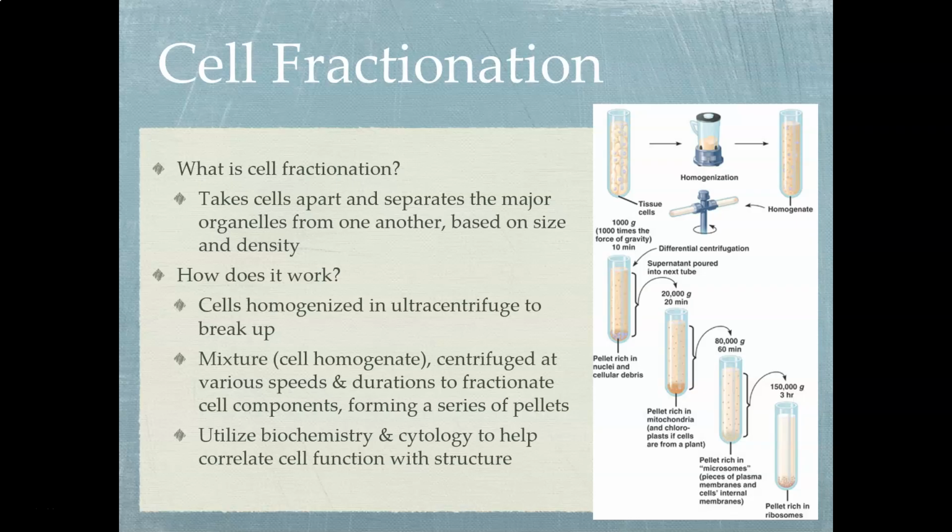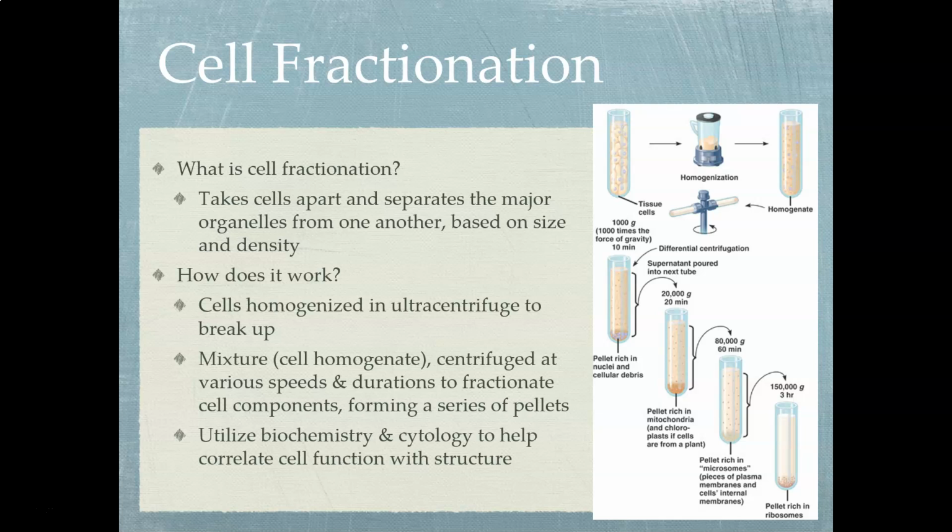We centrifuge it. So we'll take a bunch of tissue culture, right? We'll homogenize it, so we'll literally run it through a blender and chop it up. And then we will throw it through a centrifuge. And every time we centrifuge, centrifugation works based on density, right?